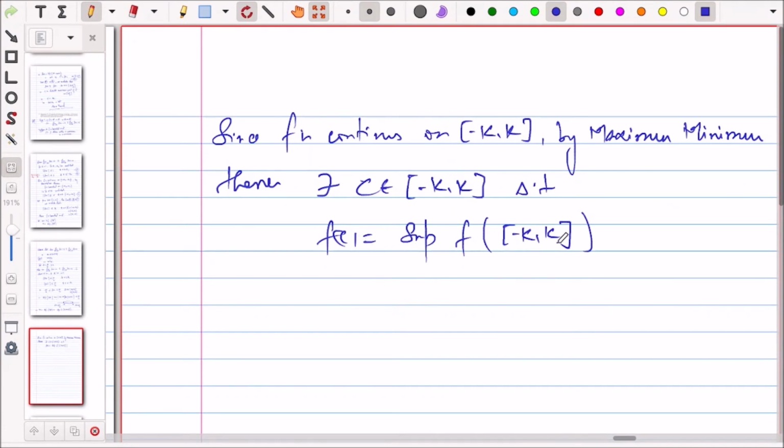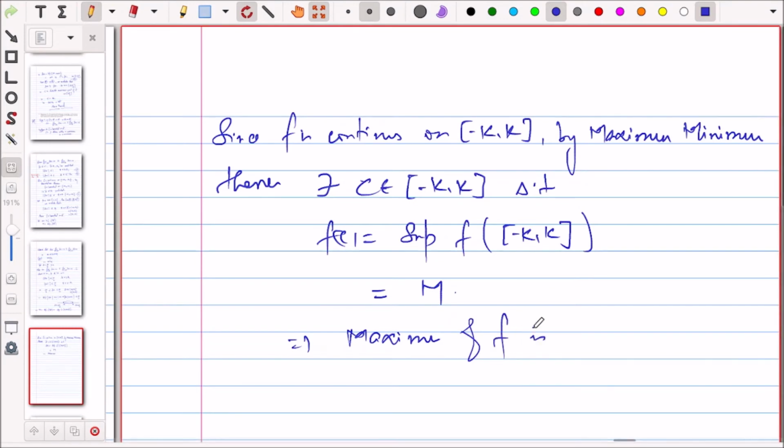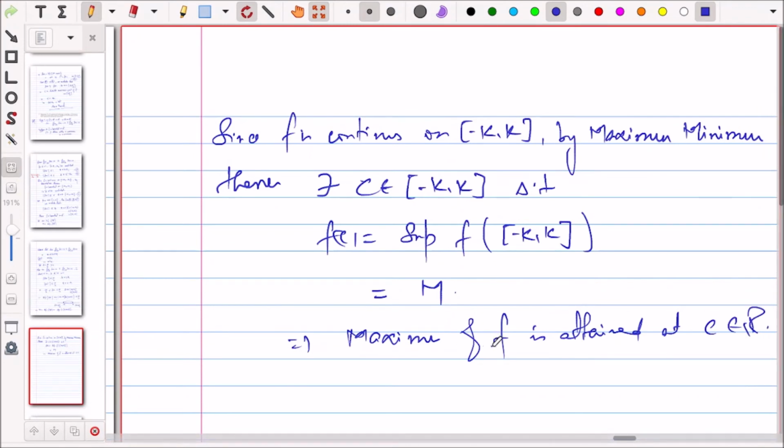So f(c) must be equal to this supremum, and this is nothing but your M. So this implies the maximum of f is attained at c belonging to R. So we have shown that the maximum is attained.